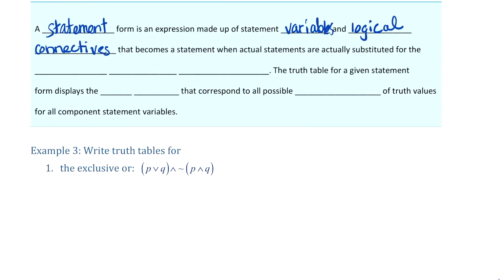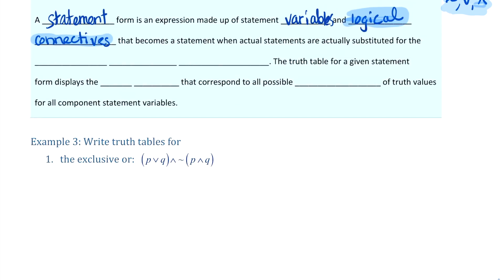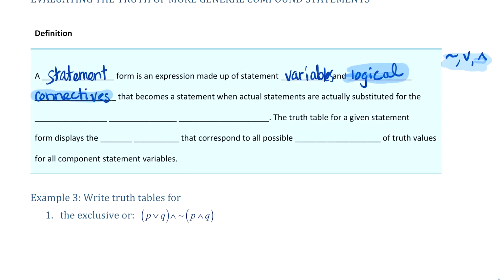A statement form is an expression made up of statement variables and logical connectives that becomes a statement when actual statements are substituted for the component statement variables.